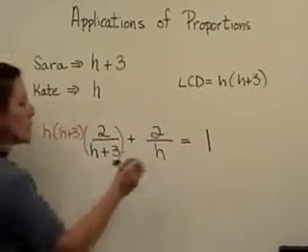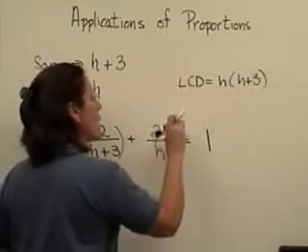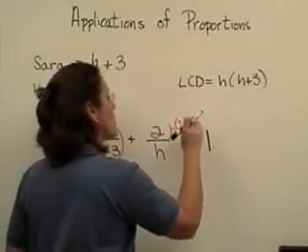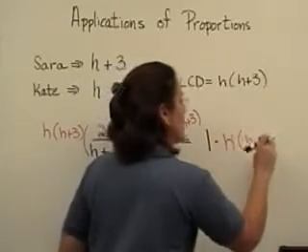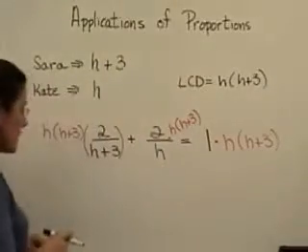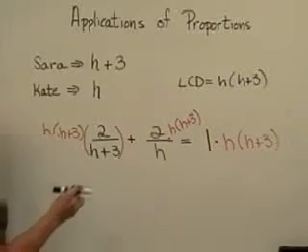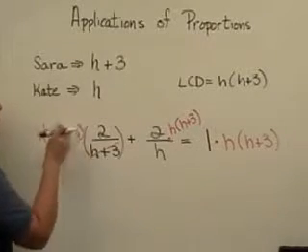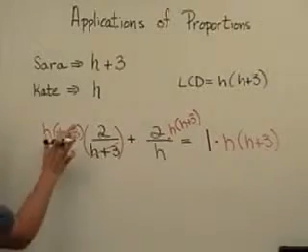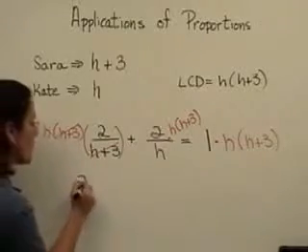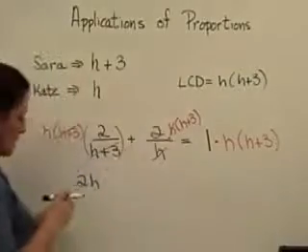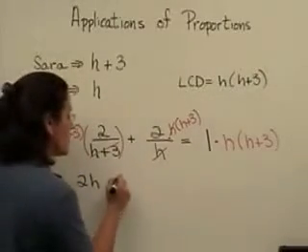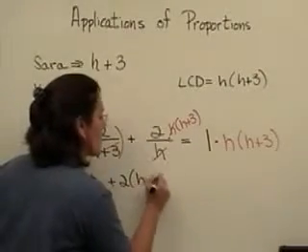And I'm going to kind of crowd this in. So over here I need to multiply this by h times h plus 3, and I need to multiply this by h times h plus 3. Having done that, my goal is to get rid of those denominators. So this h plus 3 and that h plus 3 disappear, giving me right here just a 2h. And then here, this h and this h cancel out, giving me a 2 times h plus 3.